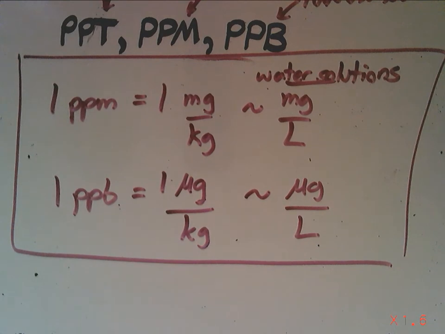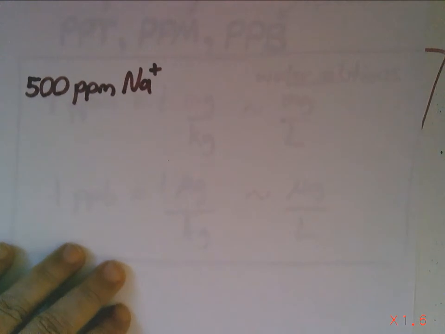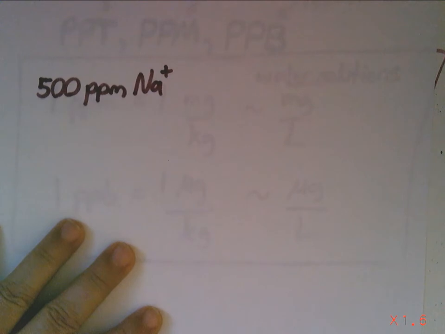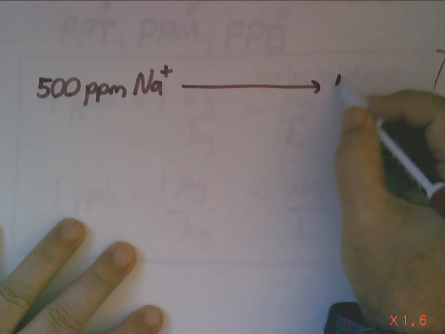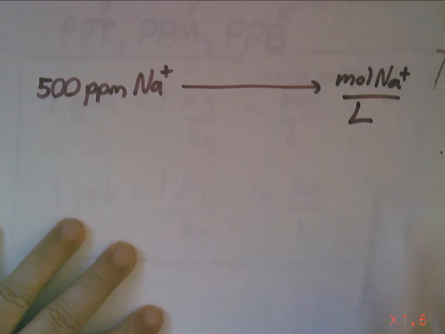Let's suppose that I have a solution that is, I don't know, 500 parts per million sodium ions. And I want to figure out what the molarity of sodium ions is. Okay. I want to turn that into moles of sodium per liter.